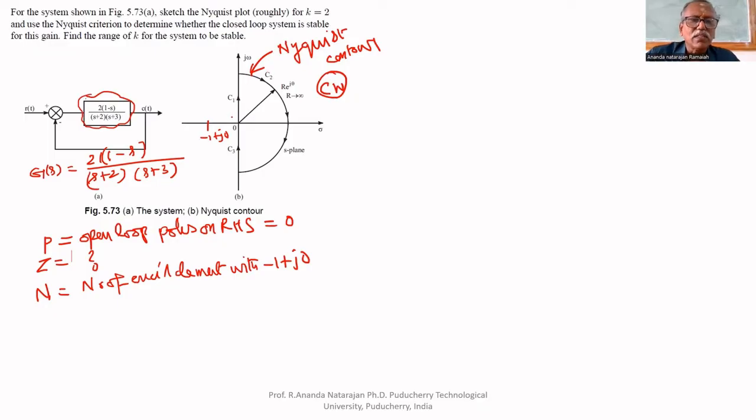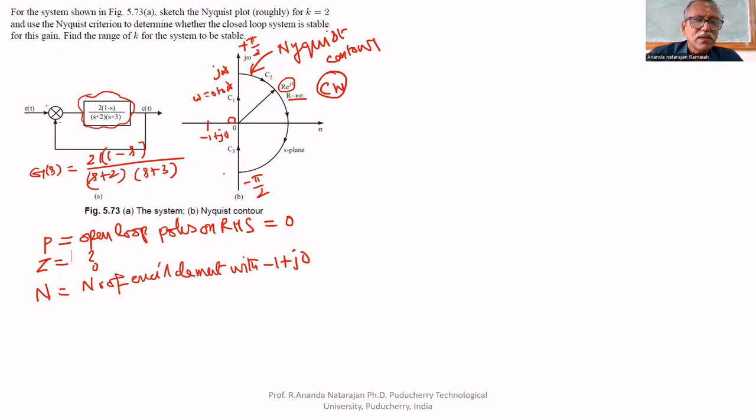One is C1, that is from 0 to j infinity, where omega varies from 0 to infinity. The second segment is R e power j theta, R tends to infinity, theta varies from plus pi by 2 to minus pi by 2, a semicircle of radius infinity.